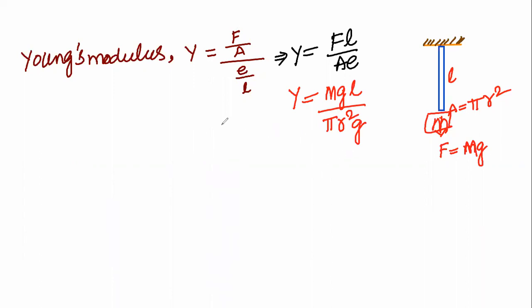Young's modulus we can write in different ways. Other than the formula Y is equal to FL divided by Ae, we can write Y is equal to mgL divided by pi r square into e.